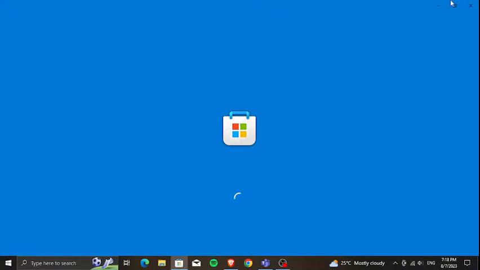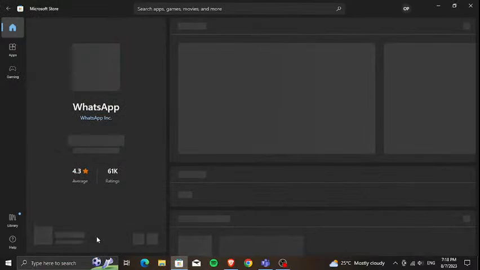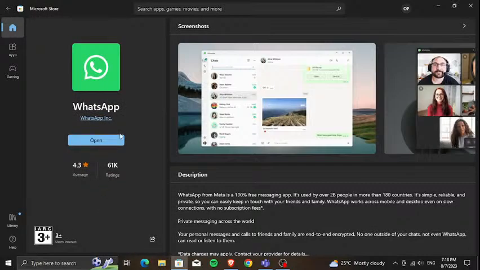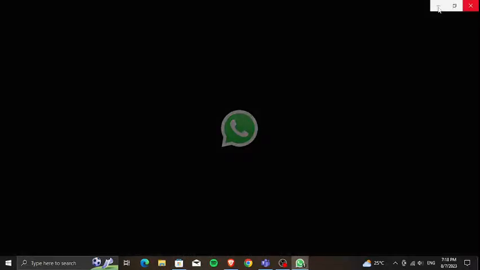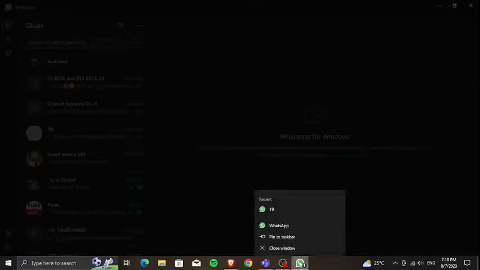So the flow rate in is given as 100 liters per minute. Fresh water is entering the tank, and fresh water means salt concentration is 0. Inside the tank there are already 10,000 liters of water with 200 kg of salt.